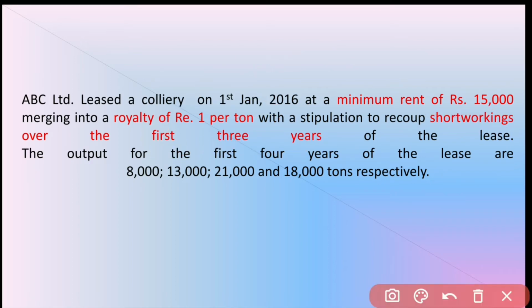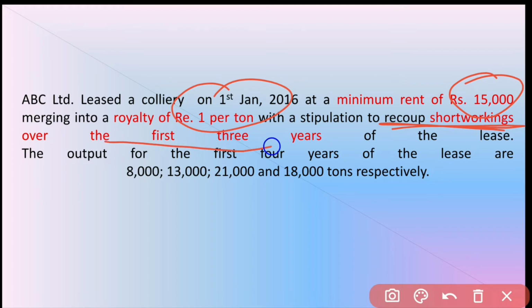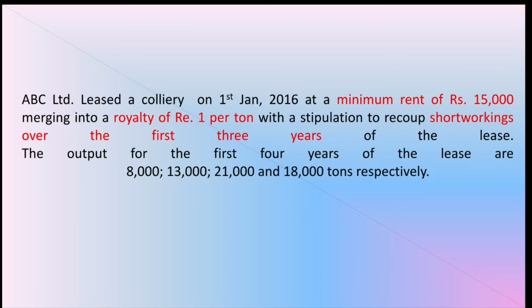Okay, please note down 3-4 points over here. First is minimum rent is 15,000. Royalty is of ₹1 per ton, and you can recoup the short workings over the first 3 years only, right? Then the output over here for the 4 years is 8,000, 13,000, 21,000 and 18,000.